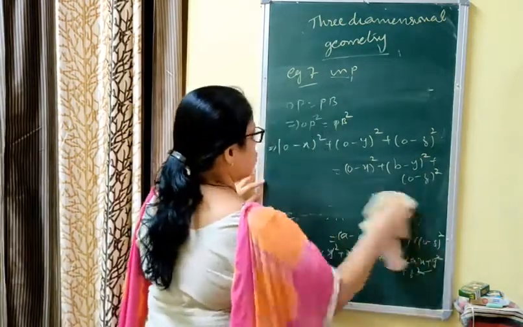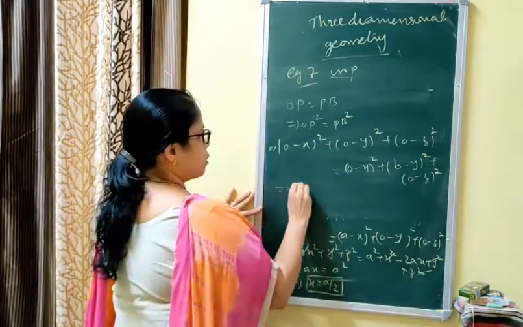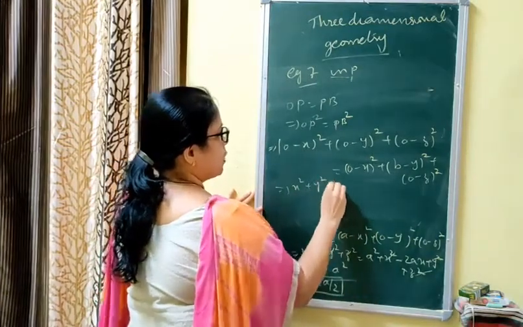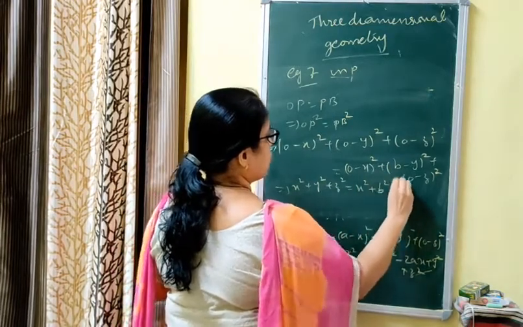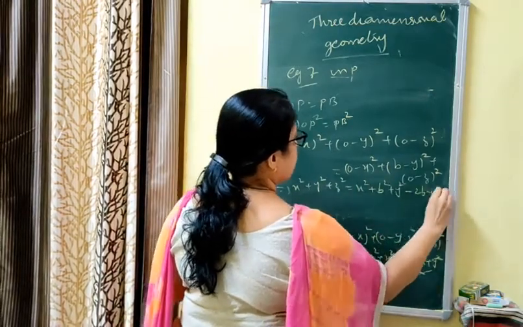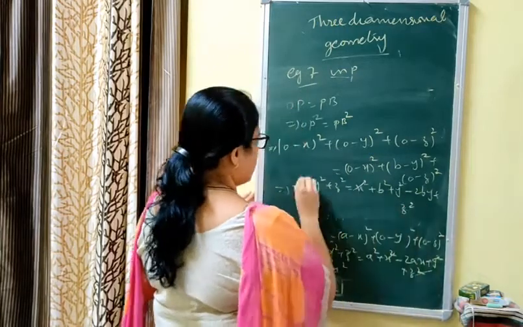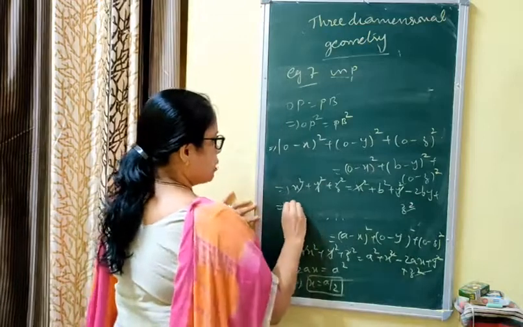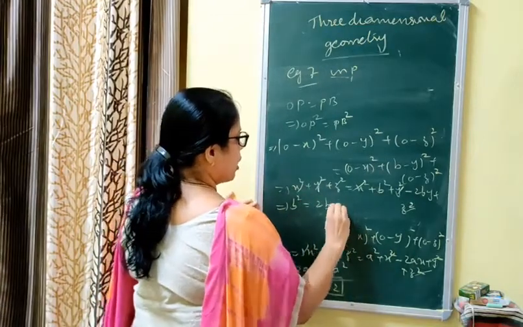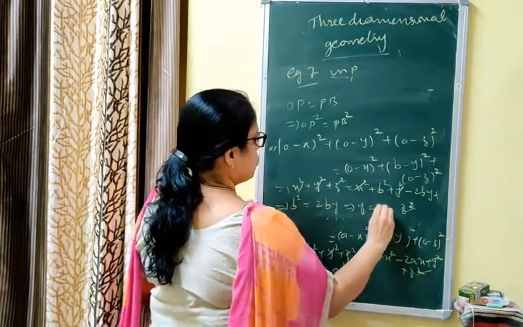Now again by solving, x square plus y square plus z square is equal to x square plus b square plus y square minus 2by plus z square. X square, y square and z square get cancelled, you will get b square is equal to 2by, and on simplifying you will get y equal to b by 2.